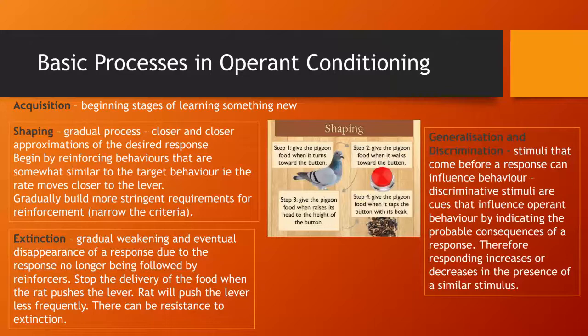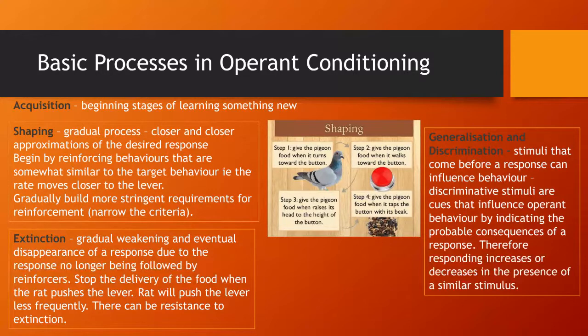Shaping. So think about training a dog. It's a gradual process. It's often not immediate. So you start with something small, and you reinforce. If you want the dog to sit on its hind legs and beg, you would start initially by shaping with just the dog shaking a paw.